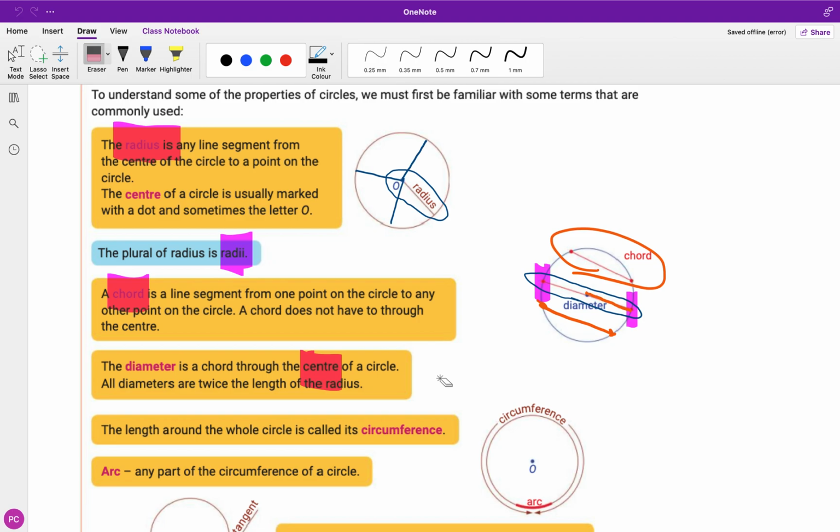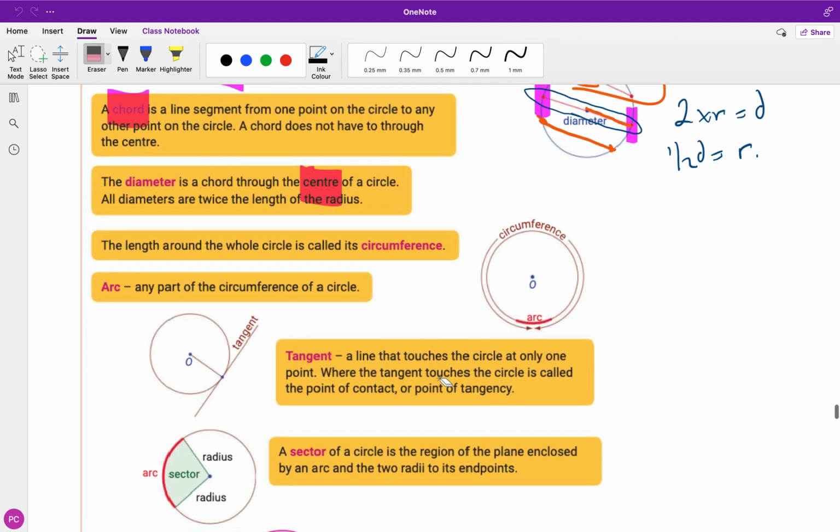So 2 radii is going to be equal to the diameter, or half the diameter is going to be equal to the radius. I guarantee you probably know that already.